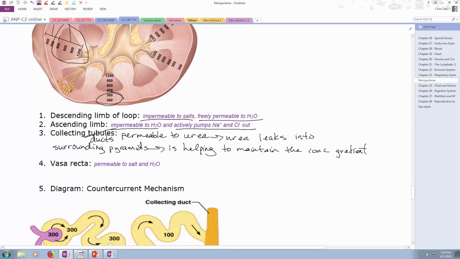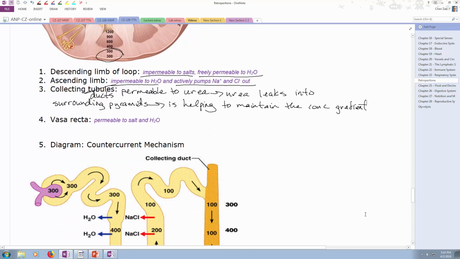The vasa recta, which are associated with the nephron loop, are permeable to salt and water, and they will pick up excess and return this to our systemic circulation.